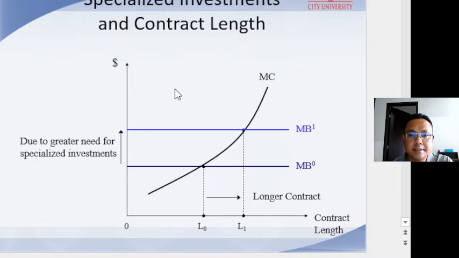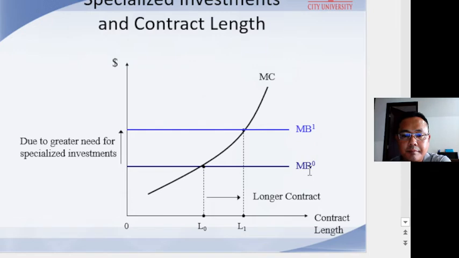This is showing us the specialized investment and contract lengths. The marginal cost increases due to greater need for specialized investment, from marginal benefit 0 to marginal benefit 1.